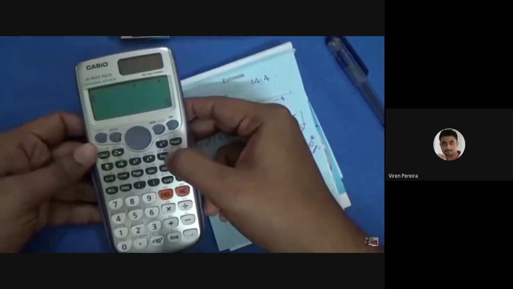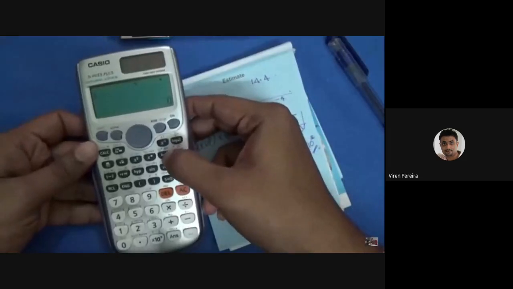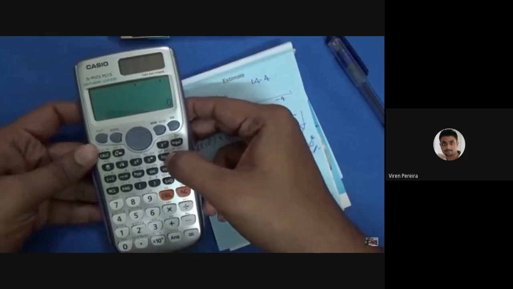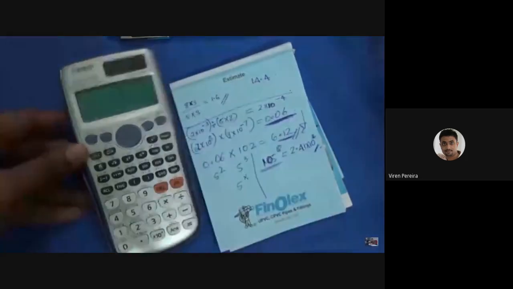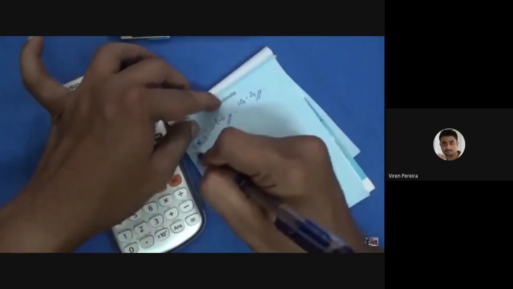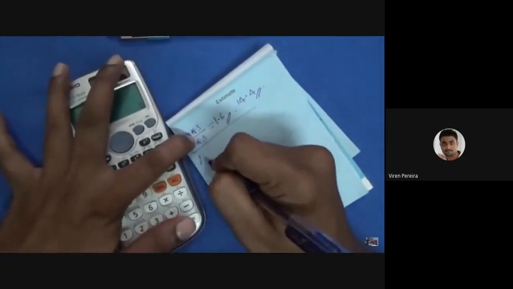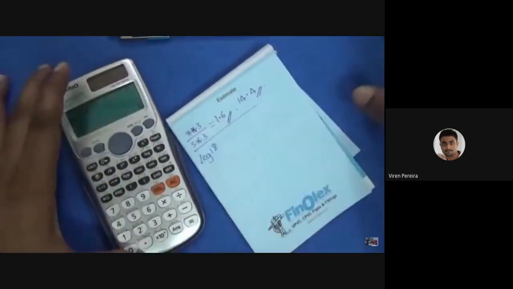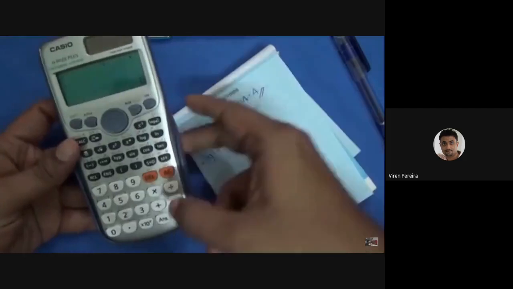Say you want to find out the value of log 18.